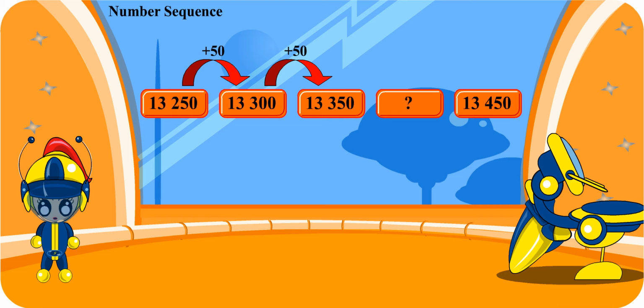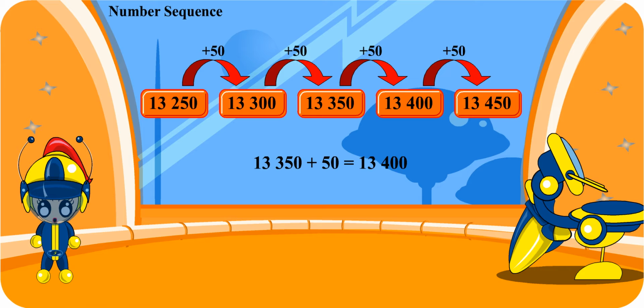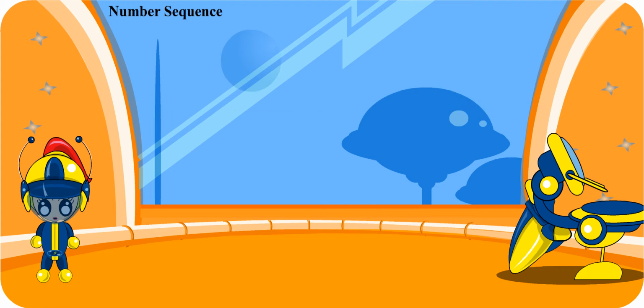Hence, the fourth number should be 50 more than the third number. The missing number should be 13,350 plus 50, which is equal to 13,400. Very interesting.